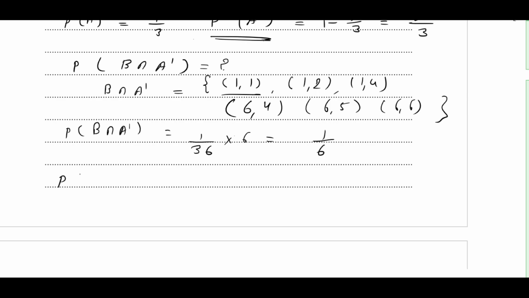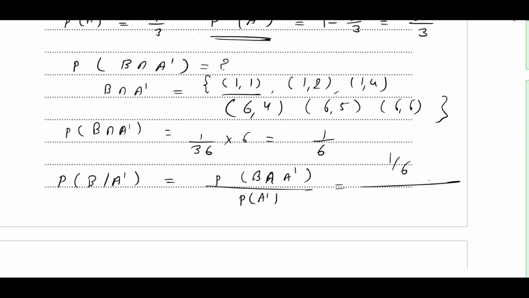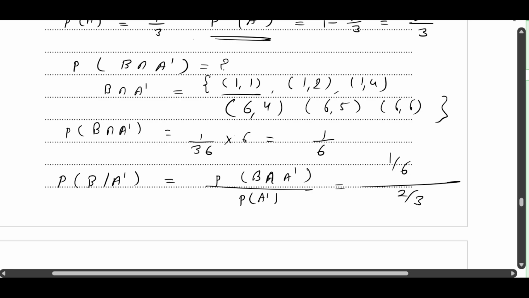Now the probability of B by A complement is the probability of B intersection A complement divided by the probability of A complement. So this is 1 divided by 6 divided by the probability of A complement, which is 2 divided by 3.